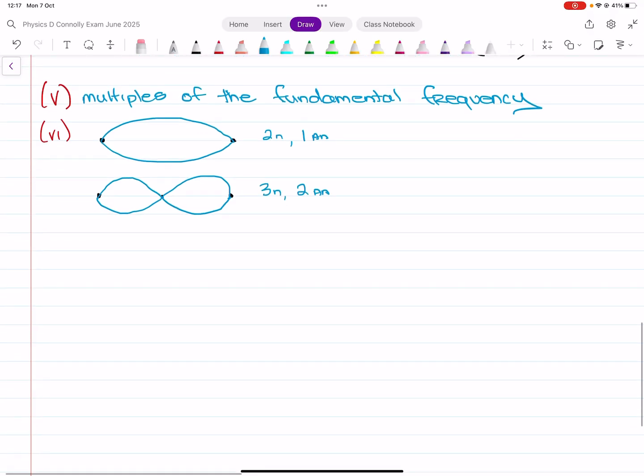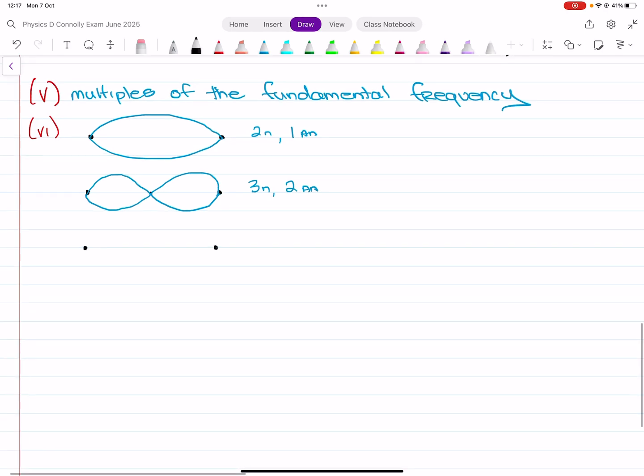So then my third harmonic is going to be, keep those equidistant, it'll do, and then we draw in between. So 4 nodes and 3 antinodes.